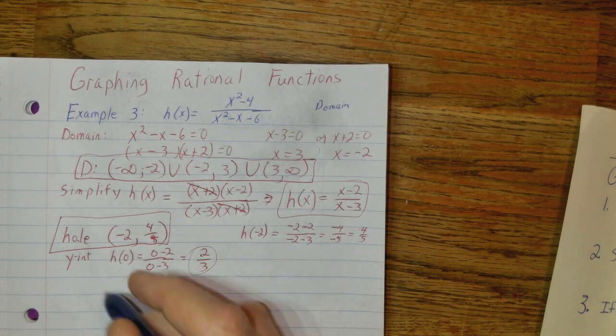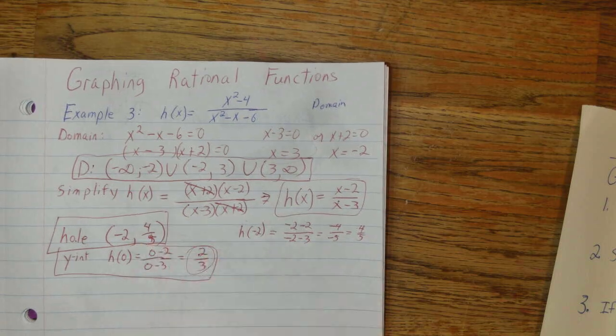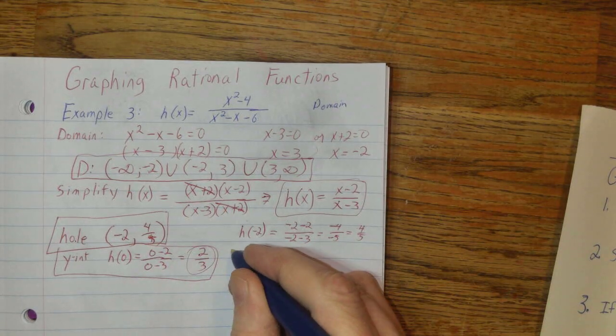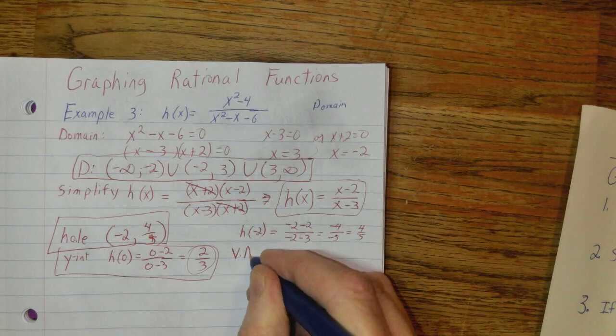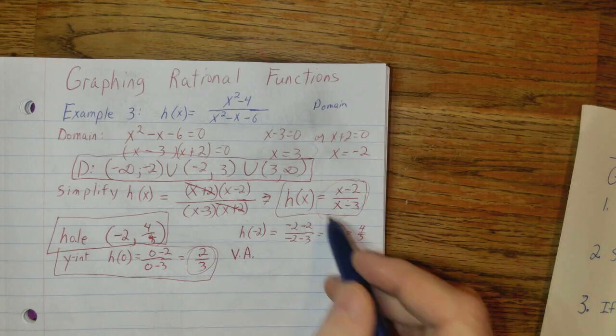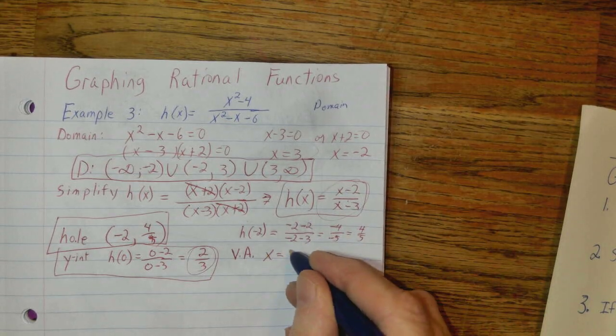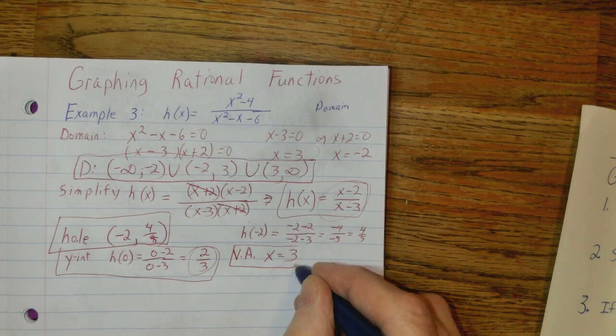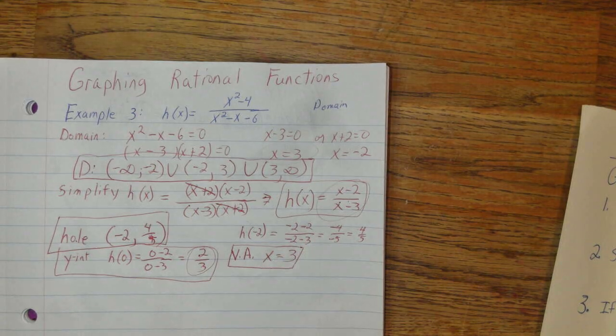So the y-intercept is 2/3. Vertical asymptotes. Okay, we've already solved, and it's this one. So x equals 3 is a vertical asymptote.